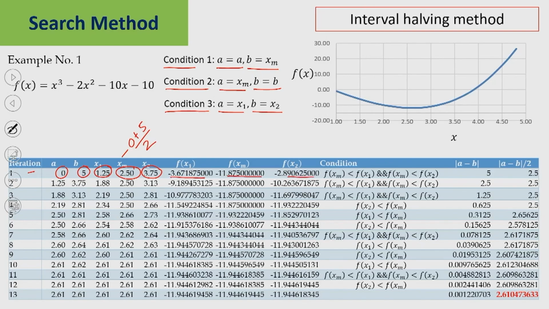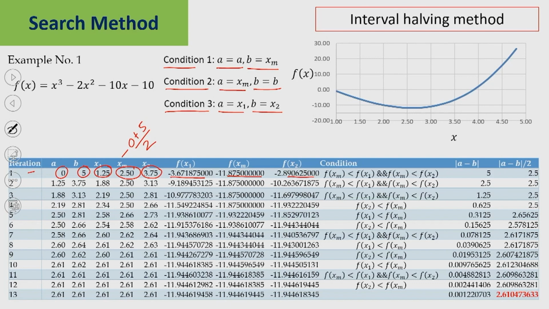Now, you check which condition is true. In this case condition 3 is true, that means f of x m is less than f of x 1 and f of x m is also less than f of x 2. So A equals x 1 and B equals x 2.